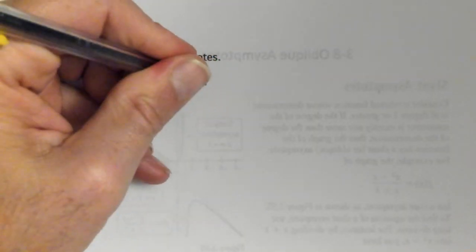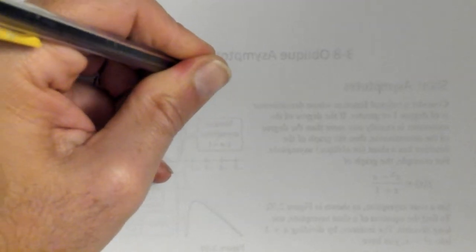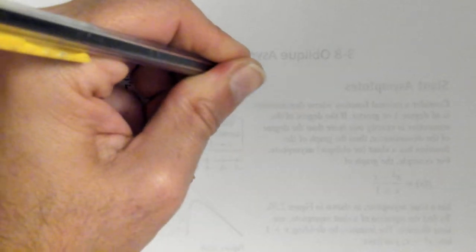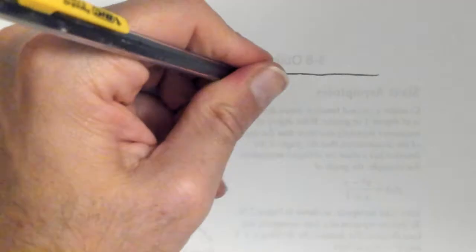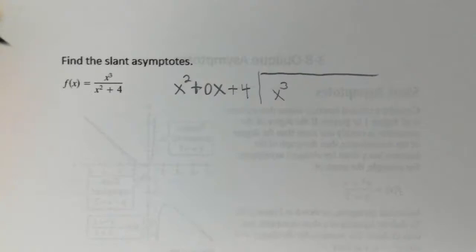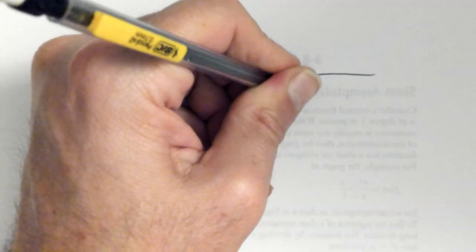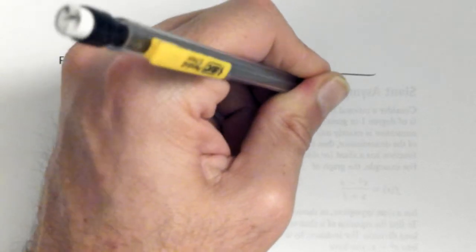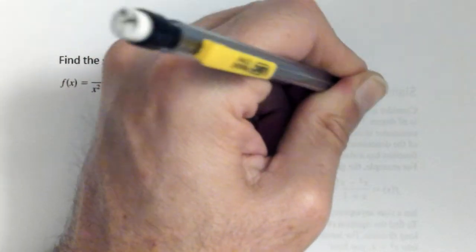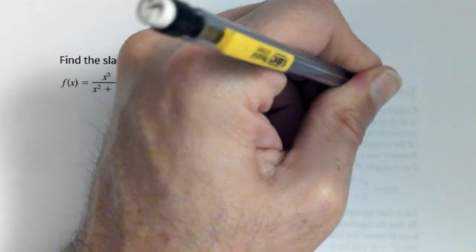I can go x squared plus 0x, remember I need that placeholder there, plus 4, being divided into x to the third plus 0x squared plus 0x plus 0.